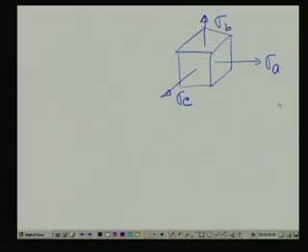Now, consider a situation where sigma A is greater than sigma B, which is greater than sigma C, and to consider in two-dimensional aspects, let us put sigma C to be 0.